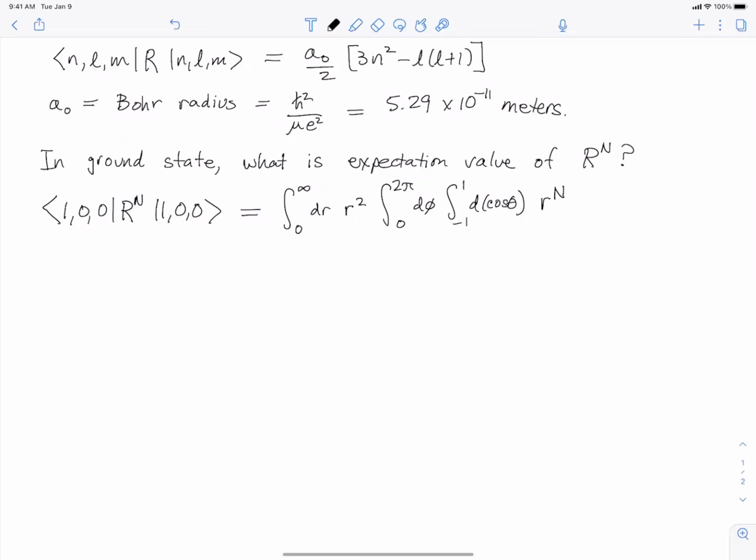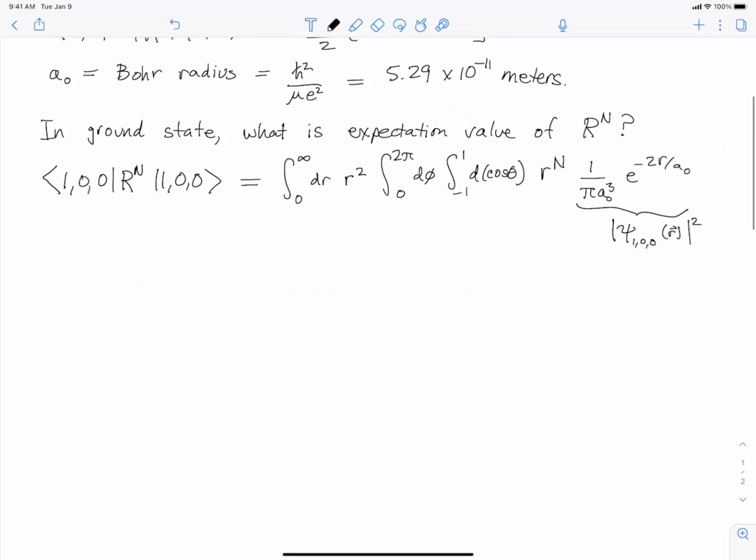Notice I'm using capital N rather than little n. And then we have the wave function squared, which is 1 over pi Bohr radius cubed e to the minus 2r over Bohr radius. So this that I've written right there is the wave function for this ground state squared.